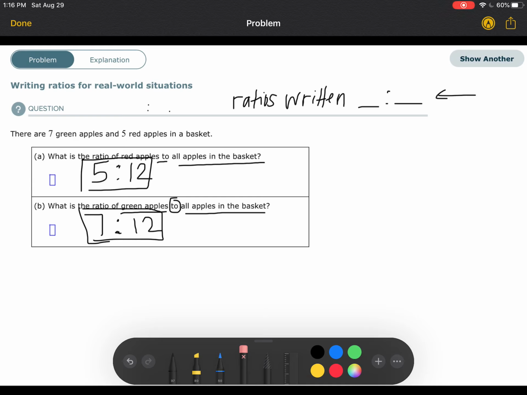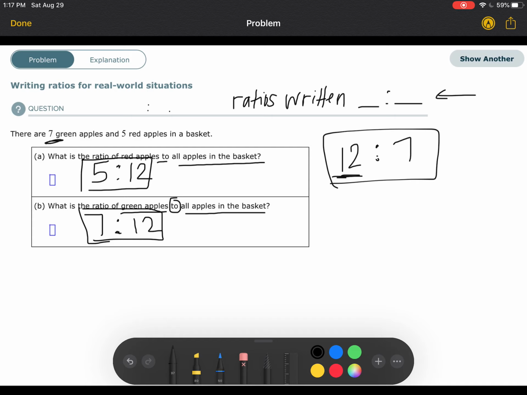It'll ask you something like, what is the ratio of all the apples, which is 12, to the green apples in the basket? Okay, so you would have to put all the apples to the green apples as your answer. So make sure you're reading it in order.